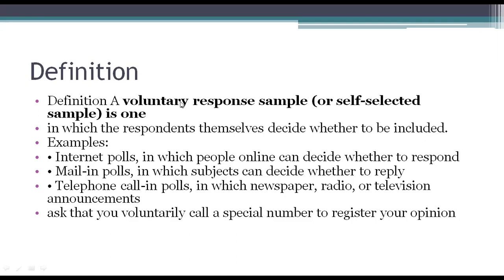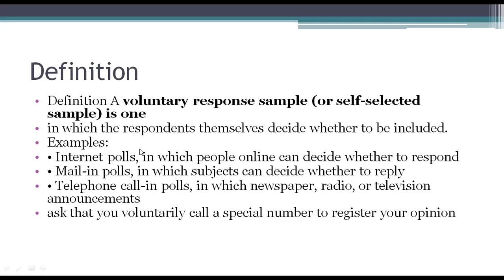It means you have the complete right to give your feedback, to give your answer, if you want. If you do not want to, then you will not. So this is a self-selected sample, meaning the person has the right to decide whether to give answers to your questions. But this voluntary response sample is very easy, but it harms our results.